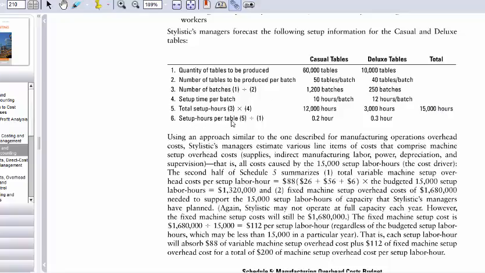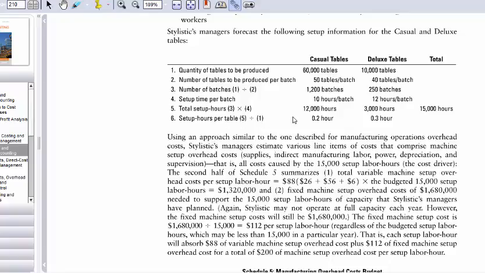Setup hours per table. Recall that we had a formula where I showed you direct labor per unit. Well, this is where we're having to take that extra step. How many setup hours per table?